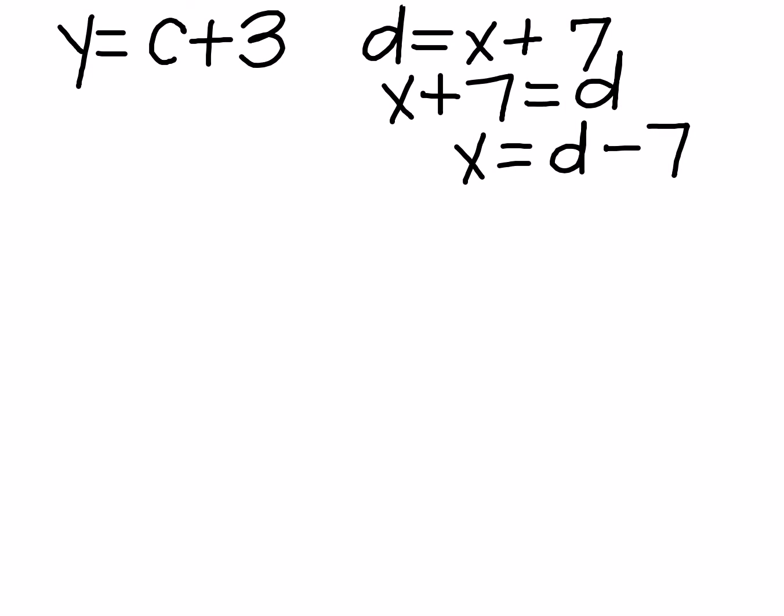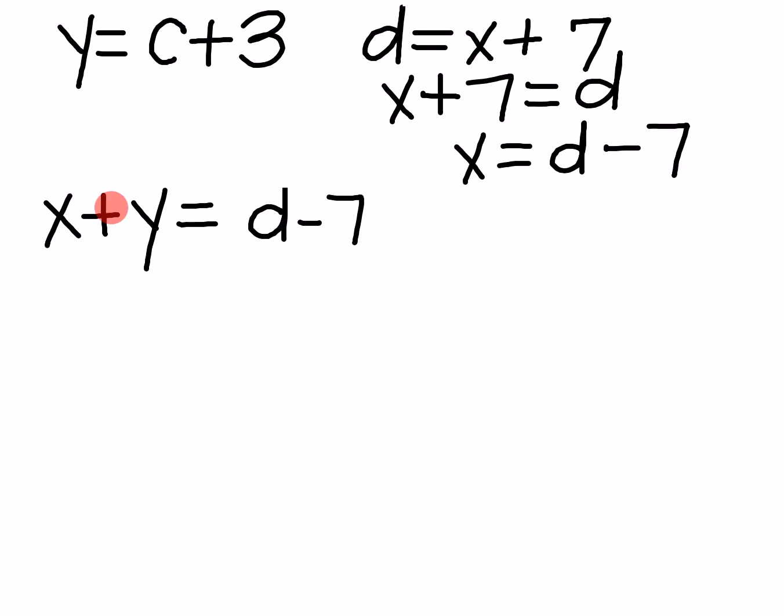Our next step, it says we want to write x plus y. So I'm going to do exactly what it says. I'm going to say x plus y. But we can apply our substitution. I know that x equals d minus 7, and I know y equals c plus 3.